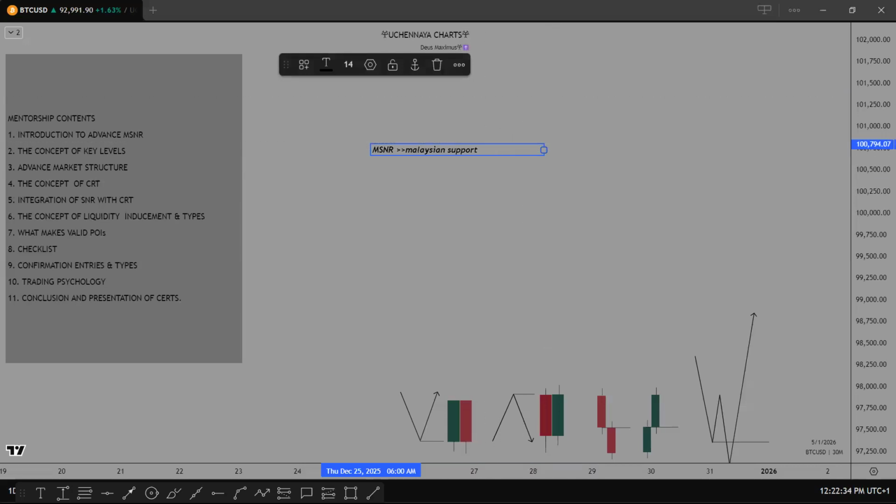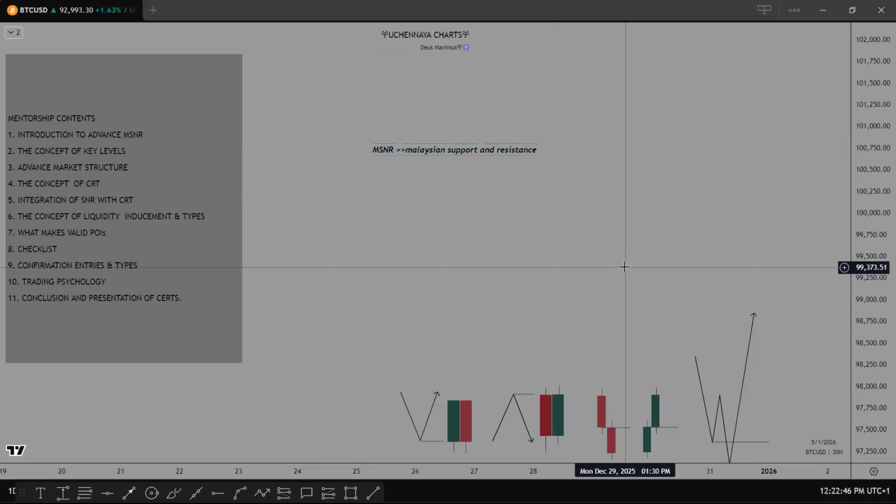MSNR means Malaysian support and resistance. There are basically four, I think four, right? Types of MSNR. Okay. And I'm going to show you examples of these types of MSNR.